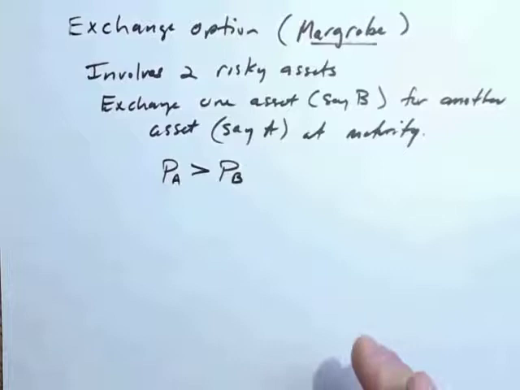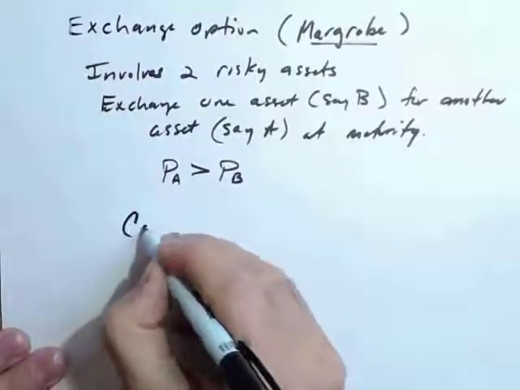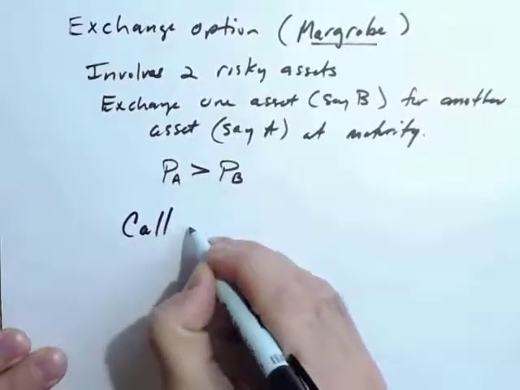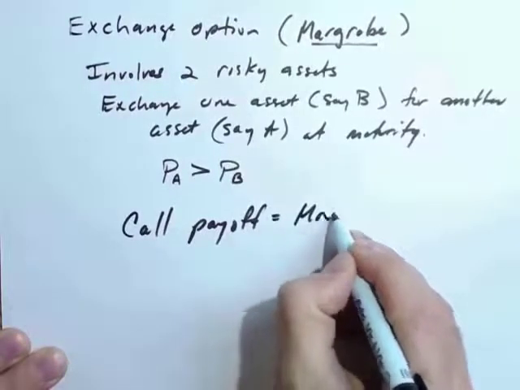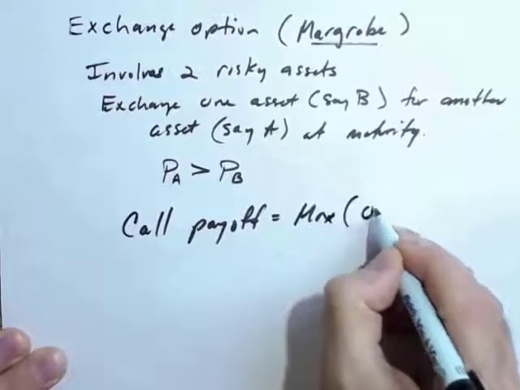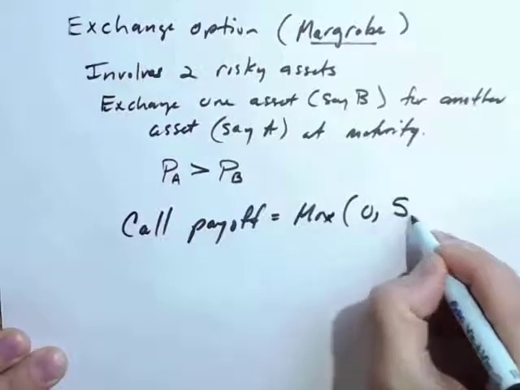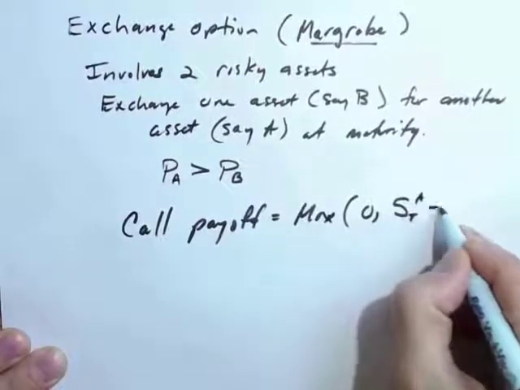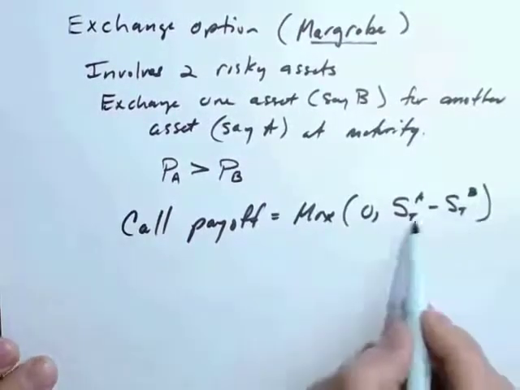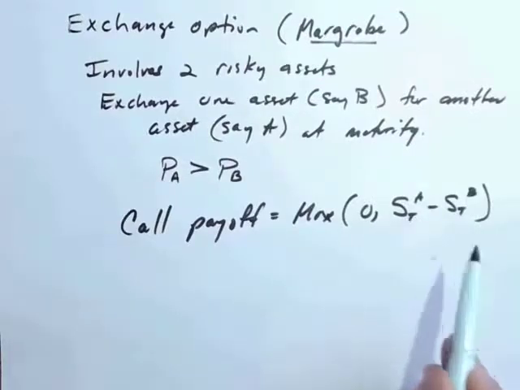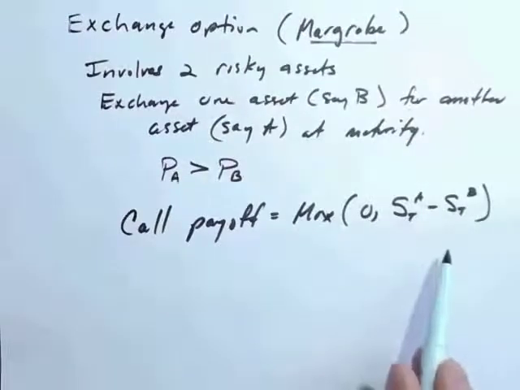Okay. Now the payoff to this type of option for a call is the maximum of 0 and the stock price at expiration of A minus the stock price at expiration of B. Okay, so only when this is positive, A is greater, would you decide to exercise it.